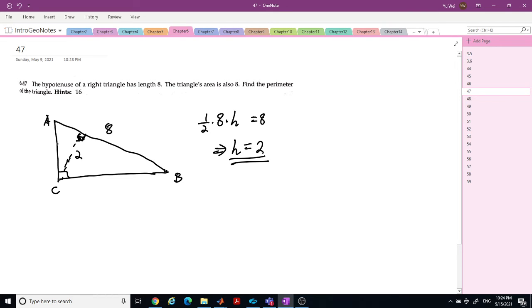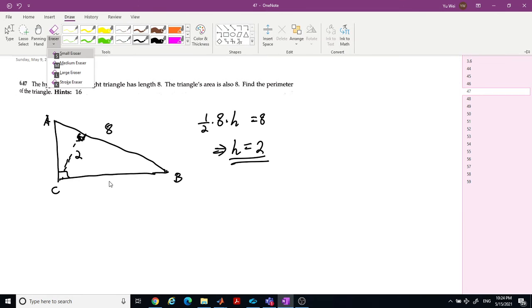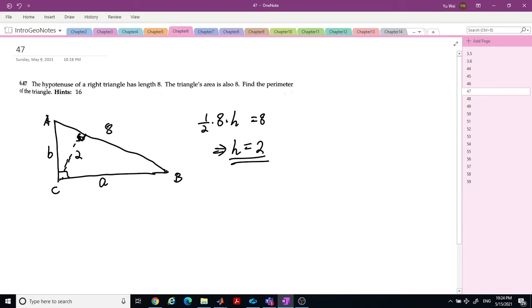So let's assume this is A, and this is B. The segments are x and 8 minus x. Okay, so now we can try to solve for a and b, right? We try to solve for a plus b.